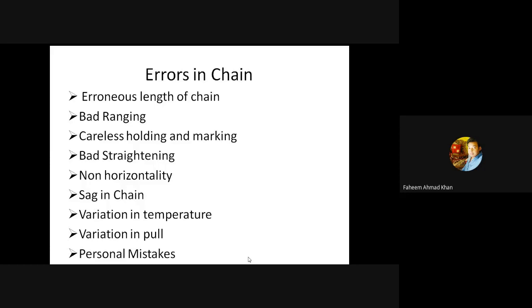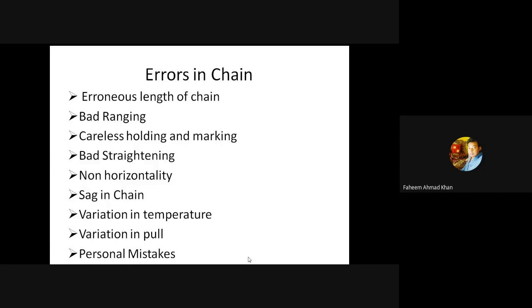Coming on to the bad ranging, it is also cumulative in nature, and most of the time it is positive. If the chain is stretched out of the line, the measured distance will always be more, and hence the error will be positive. For each and every stretch of the chain, the error due to bad ranging will be cumulative, and the effect will be too great.